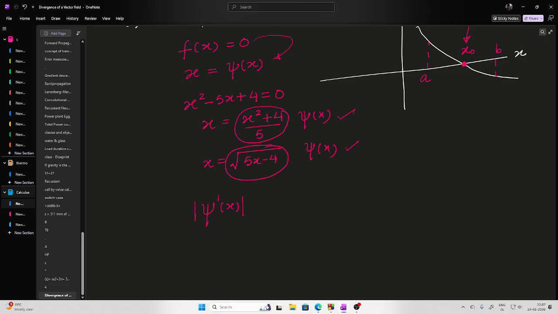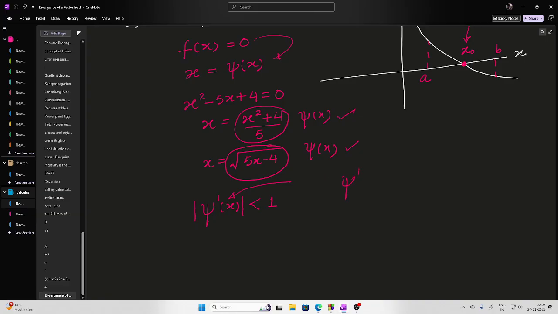If this absolute value comes out to be less than 1, then it is guaranteed that you will get your solution. So the question is, what value should we check for? That means, what should be the bracket?